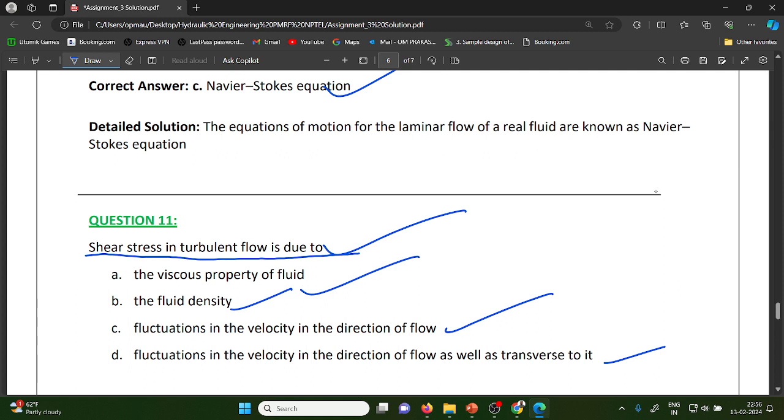When you solve objective-type problems, always remember one thing: try to select the best appropriate option. One option may be correct, another may be partially correct, but which one is best suited, or nearest to the accurate answer? If you need to select only one option, then this is the rule.